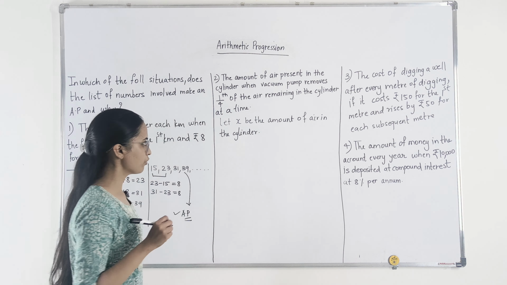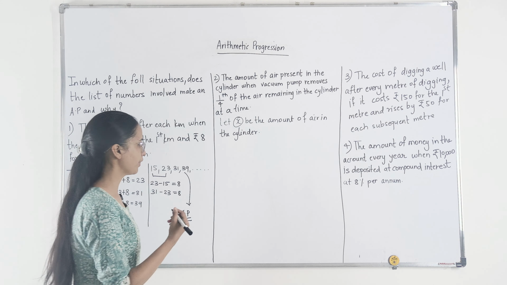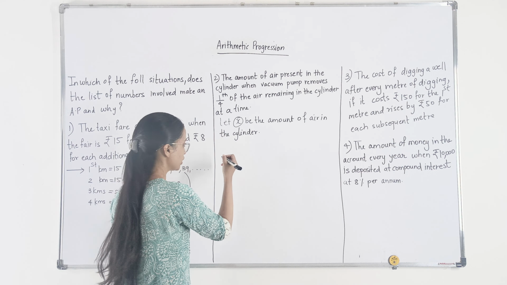Now we have taken this to be the total amount of air in the cylinder according to the given condition. एक बार अगर वैक्यूम पंप करेगा तो it is going to remove 1/4 of the air that is there. सो इनिशियली तो x होगा. Then after the first pump, the amount of air that would be there in the cylinder would be x minus 1/4 of x. मतलब जितनी भी एयर उस सिलेंडर में है उसका 1/4 तो निकल जाएगा.